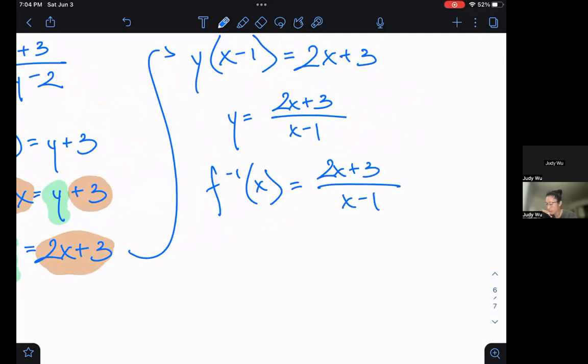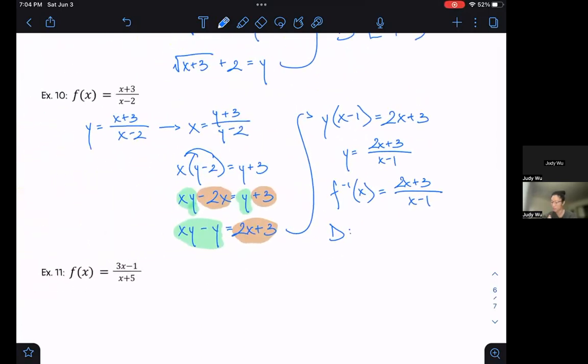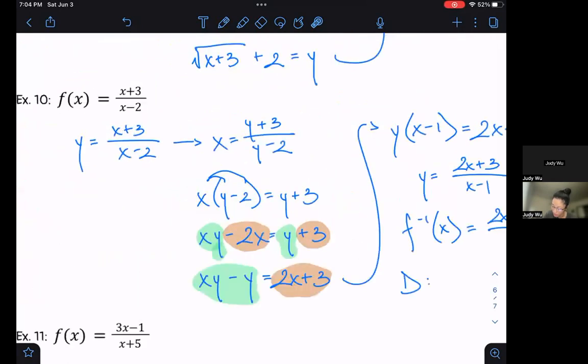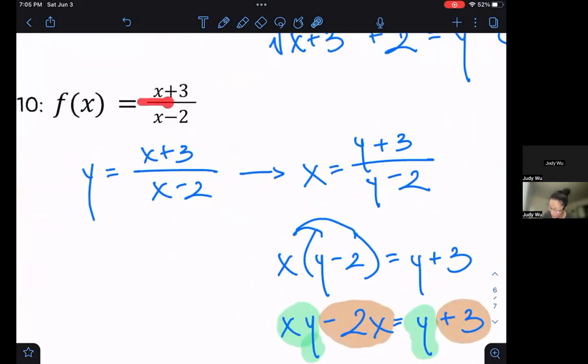And we also have to find our domain. Now, this one gets a little bit tricky as well, because we have to think about the domain of the original function and the domain of the inverse function, okay? So in our original function, let me zoom in here. I have a fraction. I cannot divide by 0. So what number makes that denominator equal to 0? Well, x is equal to 2, right?